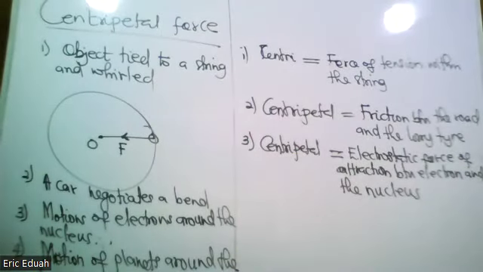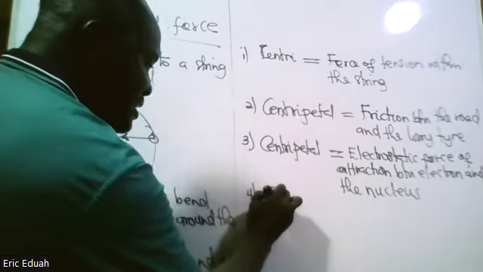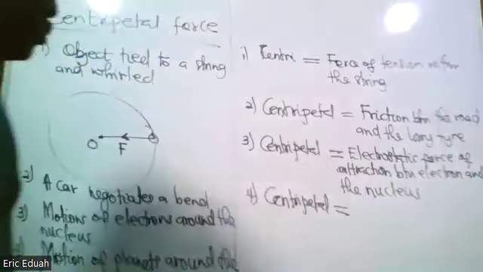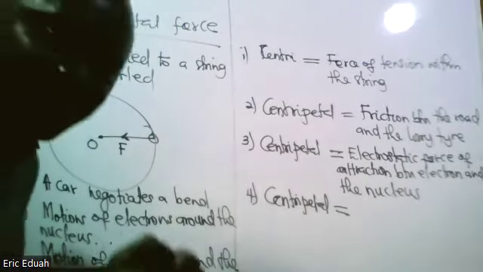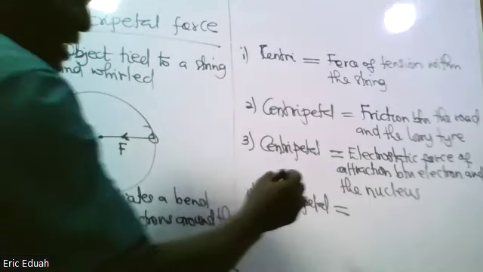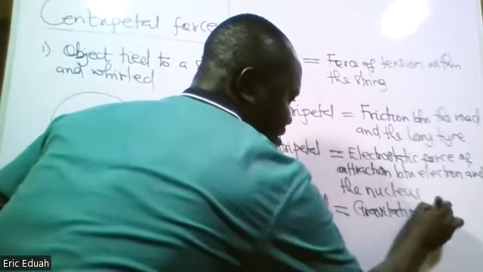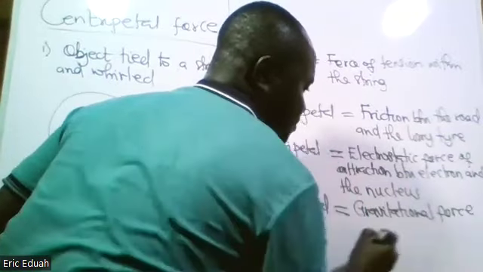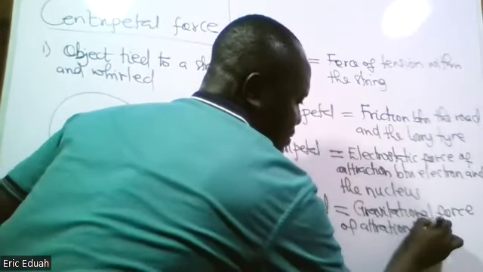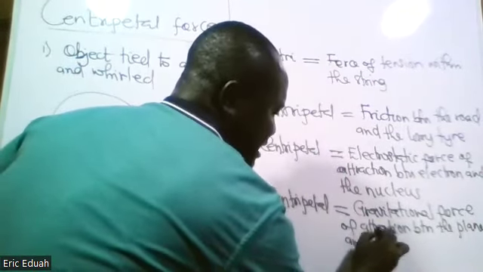Then motion of planets around the sun. The fourth point: the same centripetal force is provided by the gravitational force of attraction, the gravitational pull, between the planets and the sun.